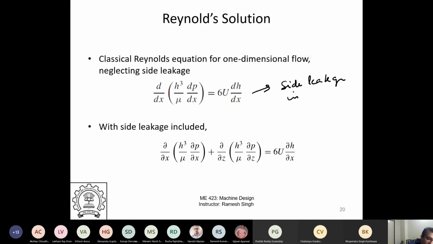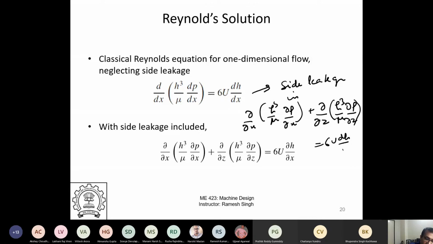So it becomes the partial derivative del/del x of h cube over mu del p/del x plus del/del z of h cube over mu del p/del z is equal to 6U dh/dx.